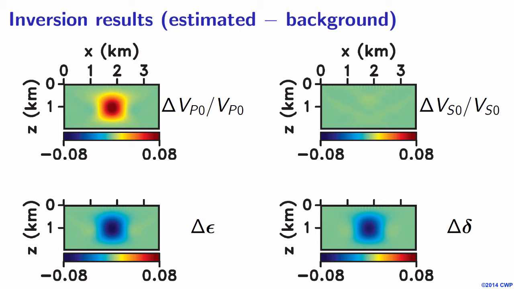So that seems to be decoupled from these three model parameters. So from this experiment, it seems that we should only be updating VP0 for such a setup, and we should not try to update V horizontal and VNMO or epsilon and delta.